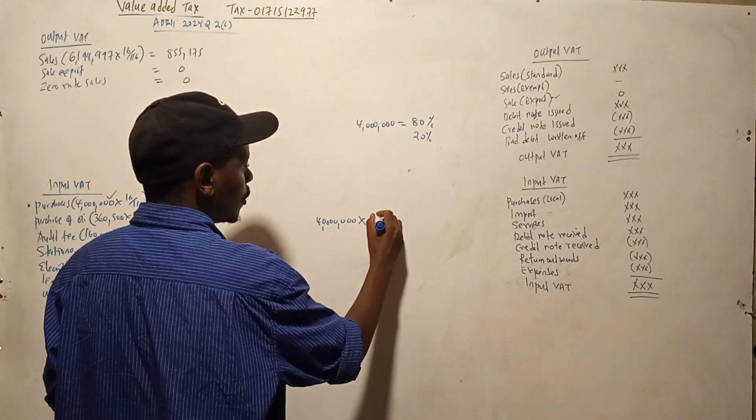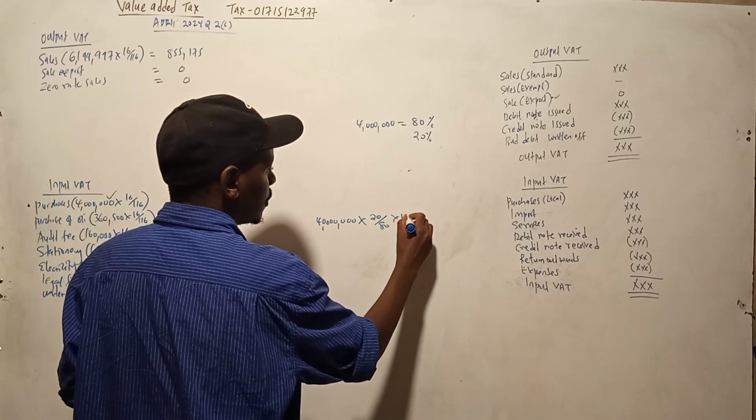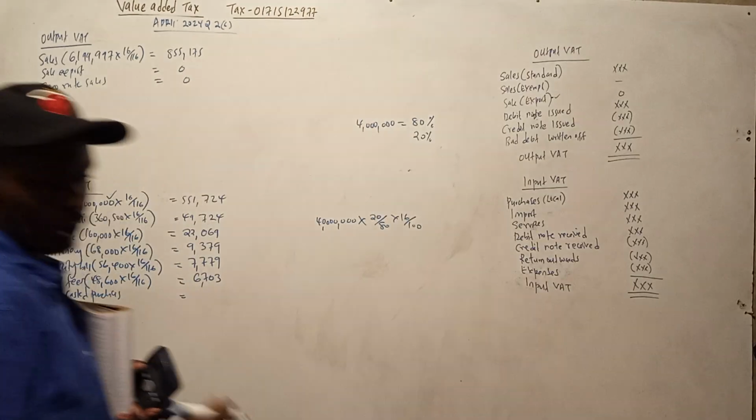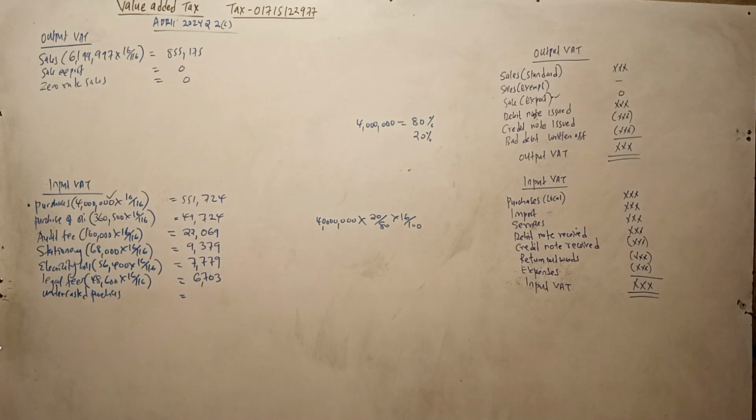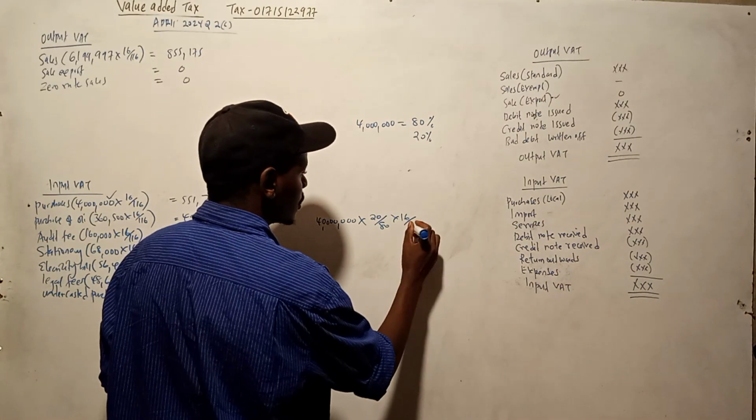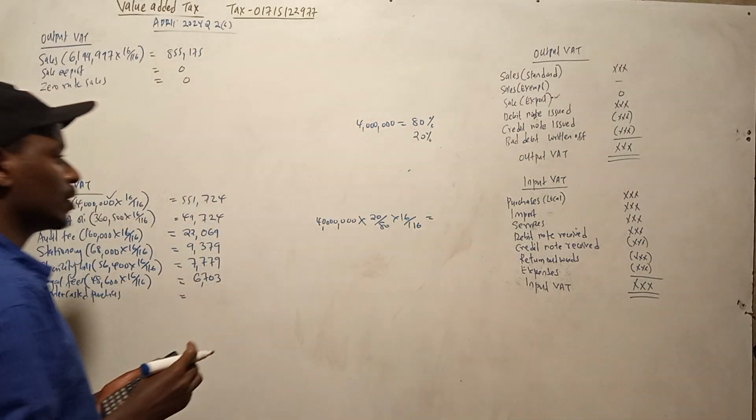So 20 over 80 times 16%, then we shall get the VAT on the undercasted value. Actually, all this amount were inclusive of VAT, so it is 116.